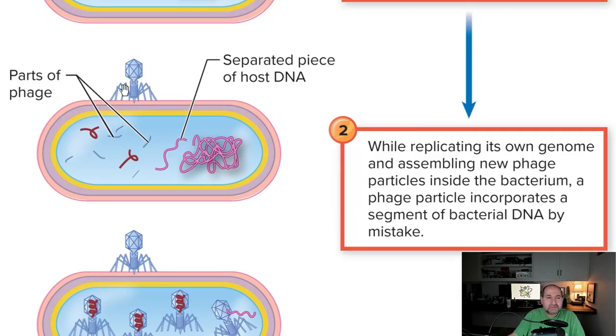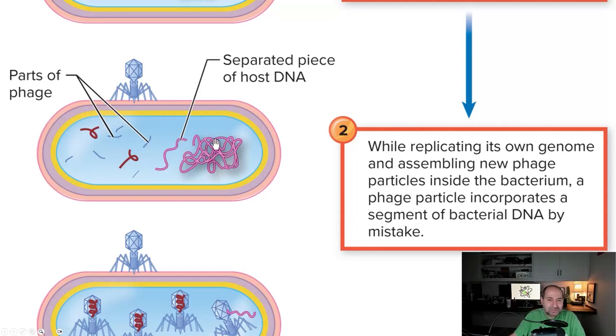At this point, the viral DNA takes over the host cell and produces more viral components. So here, the host cell is now producing more viral DNA. It's producing viral proteins. But notice what's happening here. This cell is becoming sick. This host cell is now infected and sick.